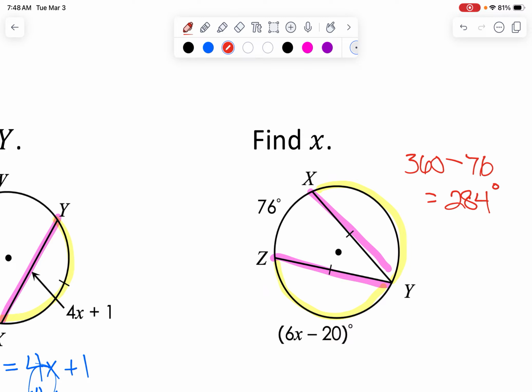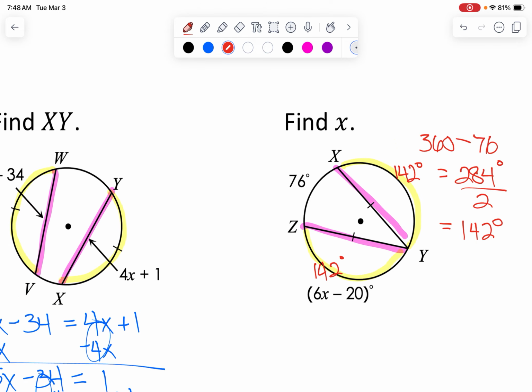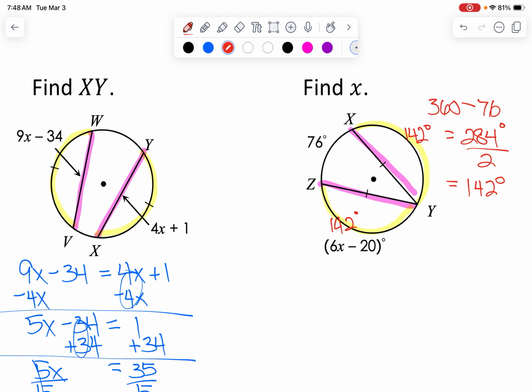But I only want part of that, so I can just cut that in half. So I'm going to divide that by 2, and that's going to give me 142 degrees. So this is 142 degrees, and so is this section here, 142 degrees. Okay, so now if I want to solve for x, I can just say 6x minus 20 equals 142 degrees, and then we just solve.